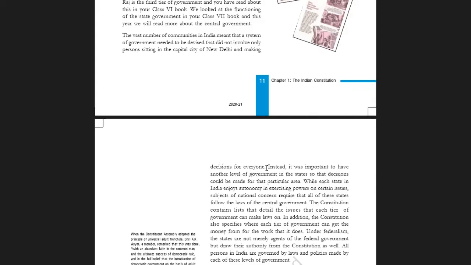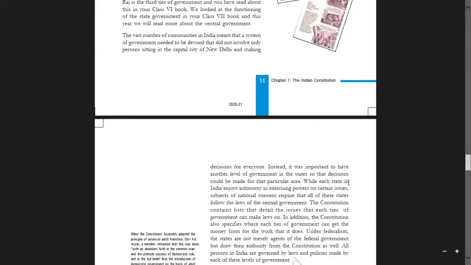Instead, it was important to have another level of government in the states so that decisions could be made for that particular area.